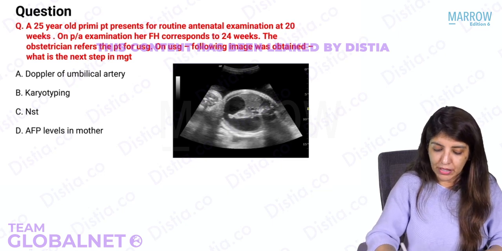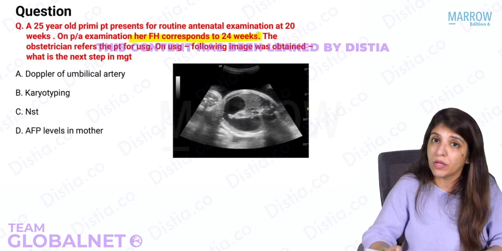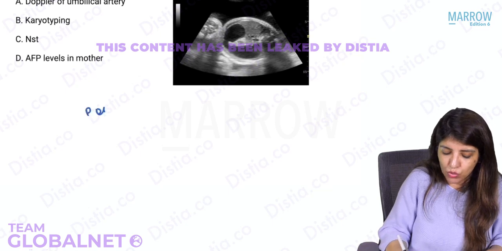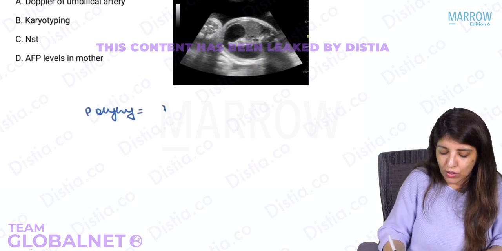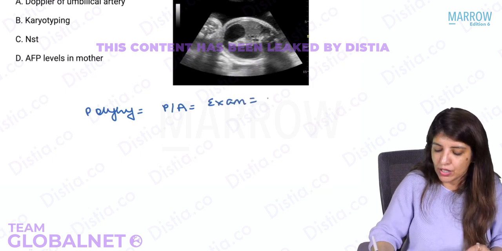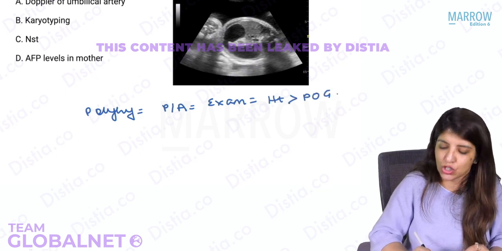On per abdominal examination, her fundal height corresponds to 24 weeks. Now please tell me, in polyhydramnios, when you do a per abdominal examination, what are you going to get? Height of the uterus is more than the period of gestation.